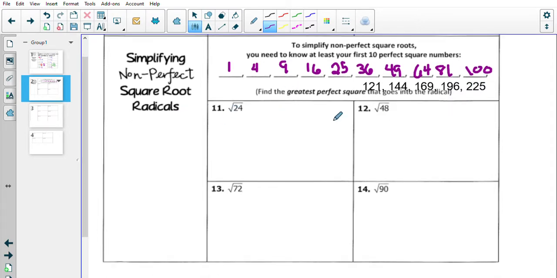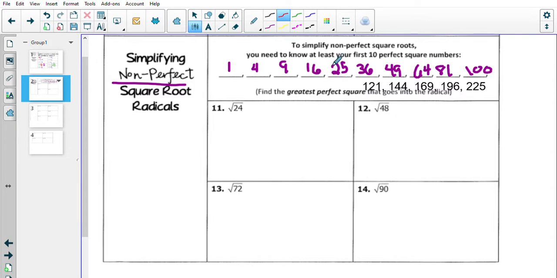Now, if we take a look at these next ones, we're going to simplify non-perfect square root radicals. If we look at 24, 24 is not in our list. But what I'm going to do is look at my list and divide this number by the biggest number that is smaller than it.